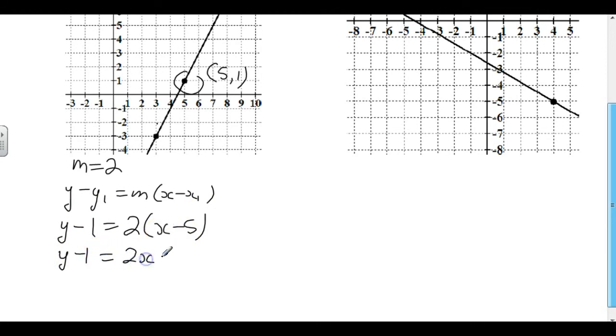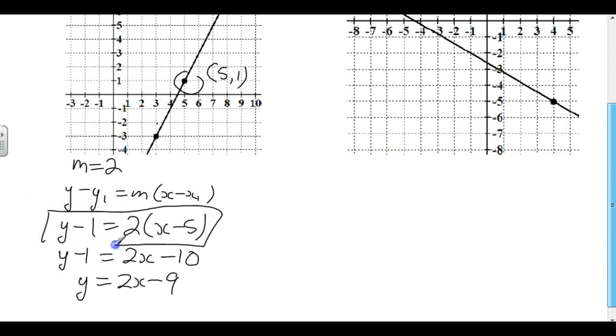This is 2x minus 10. So y is equal to 2x minus 9, right? Add 1 to both sides. And so if we kept this going, it should intercept at minus 9. So there's point-slope form, and there's slope y-intercept form.